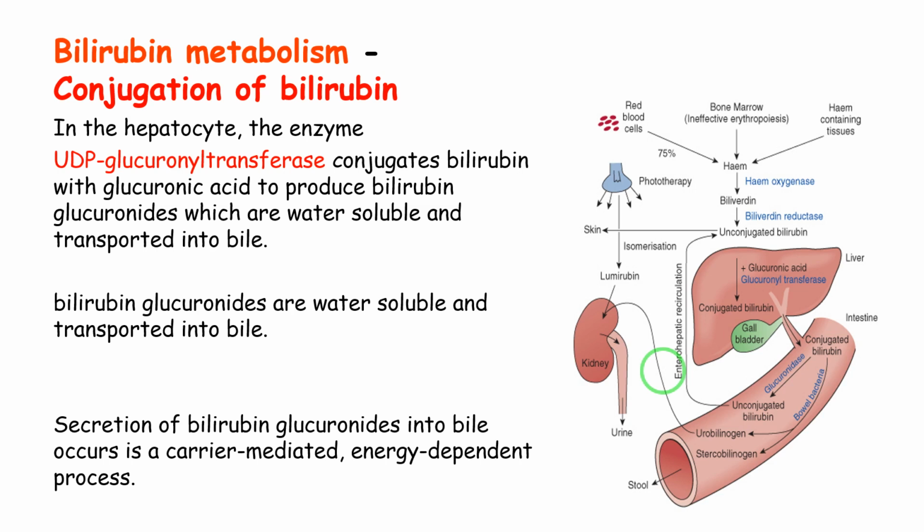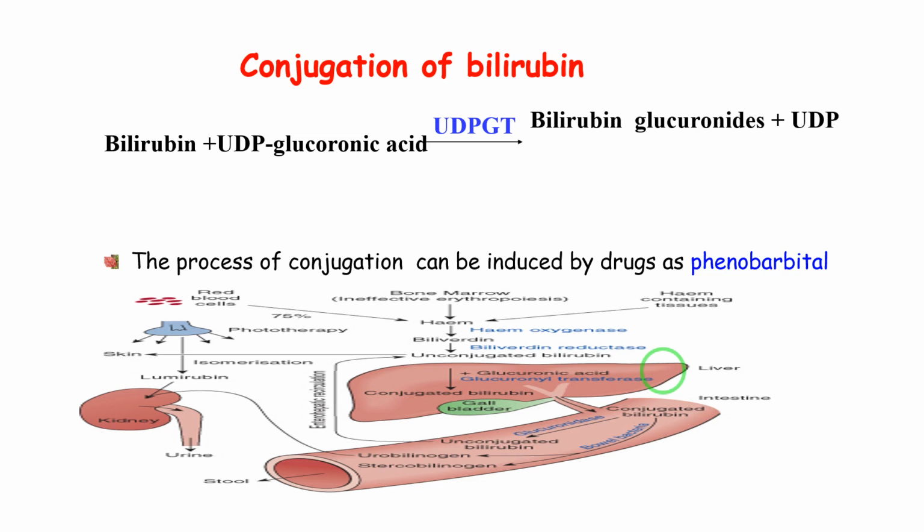This step makes the bilirubin go from water insoluble to water soluble. So now, by binding to glucuronic acid, the bilirubin has become water soluble, and the next step is to be excreted from the hepatocyte into the bile canaliculi and then into the intestine.